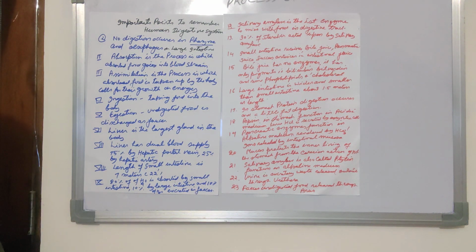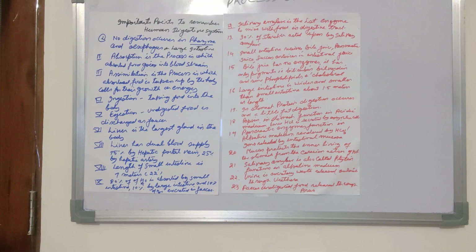Then what is absorption? Absorption is the process in which digested food goes into the bloodstream. Assimilation is the process in which absorbed food is taken by the body cells for their growth and energy. That is called assimilation.